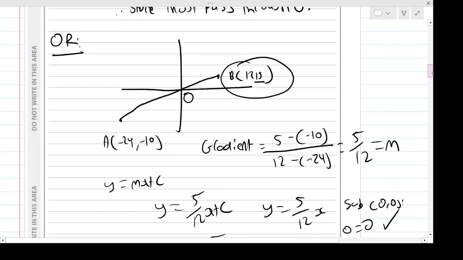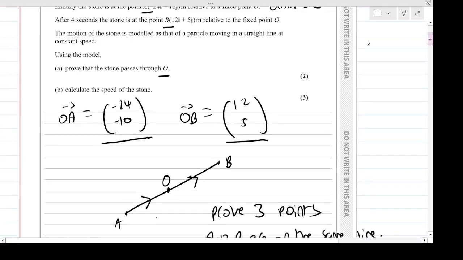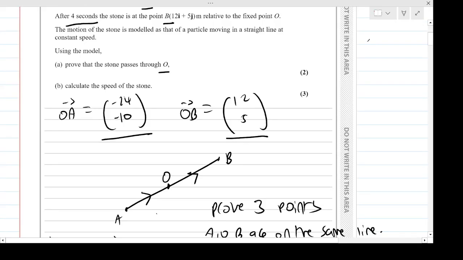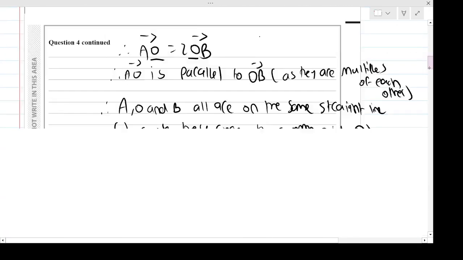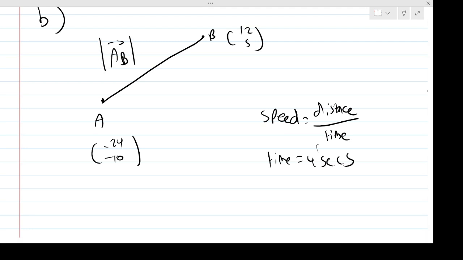We know we're going to need to use that formula because it's talking about time here, 4 seconds. That's my time from A to B. That's given. So time is 4 seconds. So we just need to work out the distance, the length of the journey from A to B. Well, we've got the 2 points, so we could just work out the vector A to B and then take the magnitude. That would be the distance.